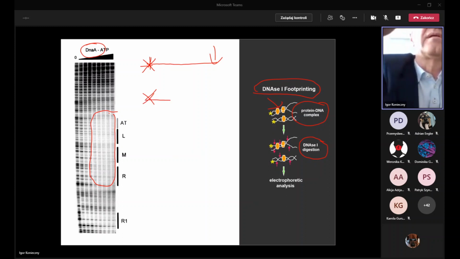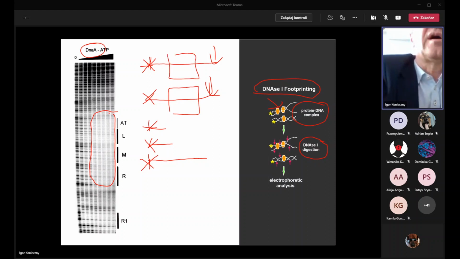So it's labeled, let's say cut here, then another labeled one cut to a shorter version, and then you have something like this, but there would be no fragments of this length, protected by protein A interacting here, because the nuclease cannot cut there.